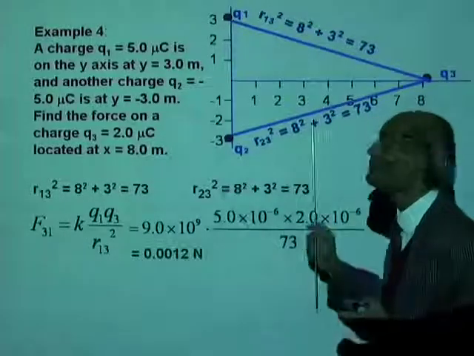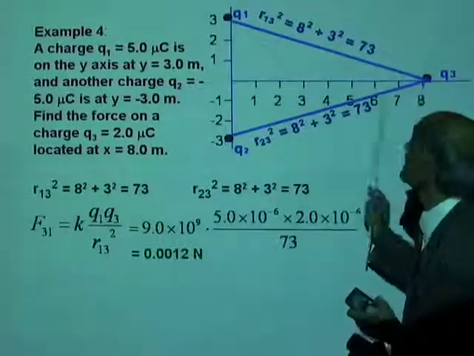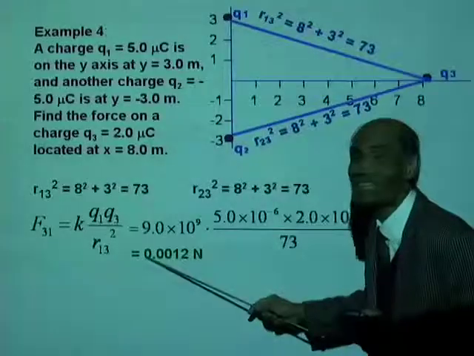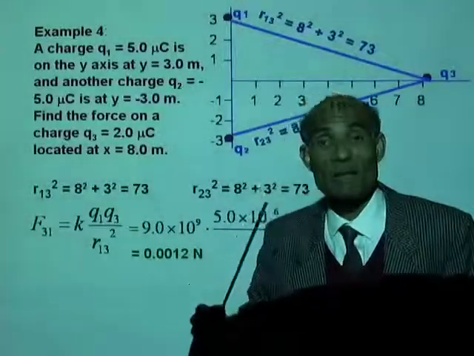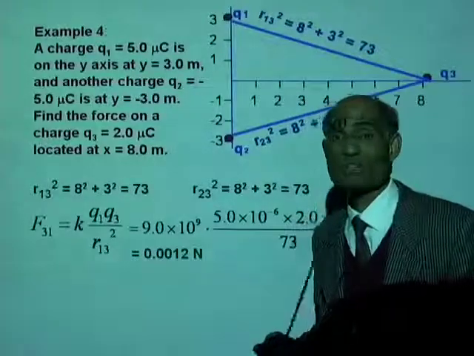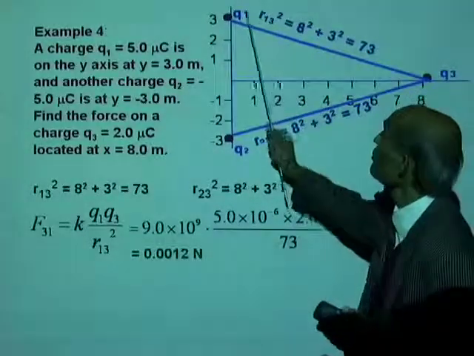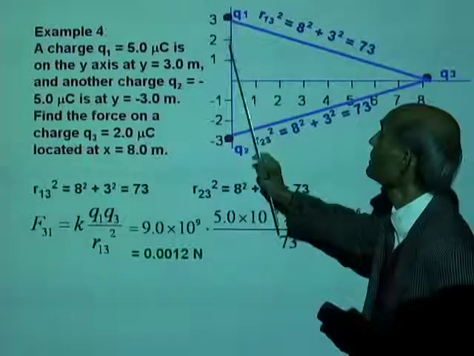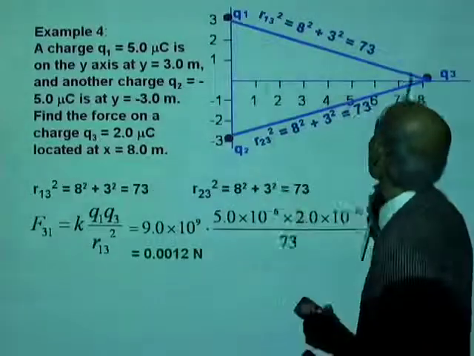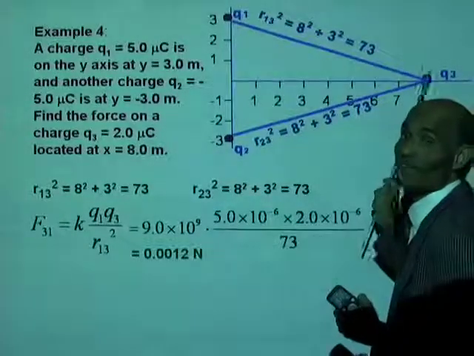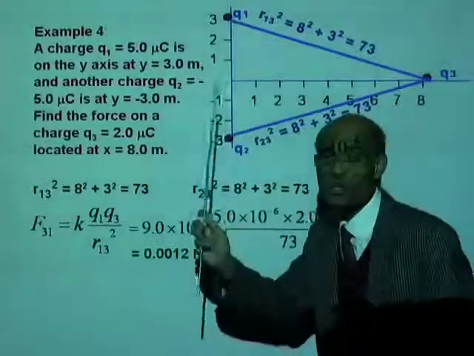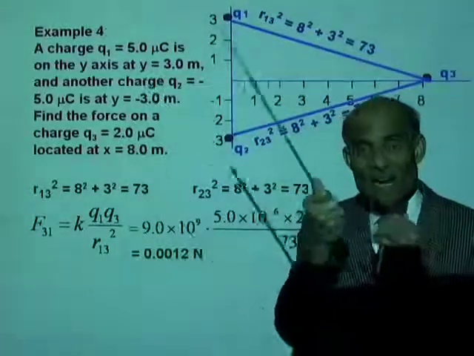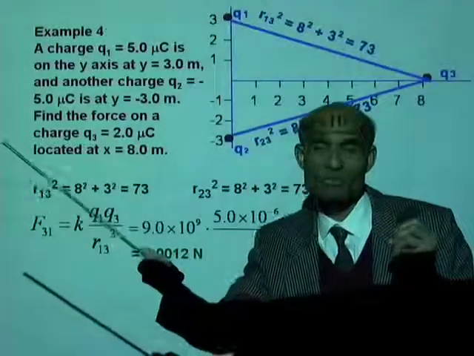0.0012 Newton. The force on Q3 by Q1 is this quantity. And now you know you need to find the direction. What is the direction of this force? Q1 is a positive charge. Q3 also is a positive charge. Therefore, the force on Q3 by Q1, will it be an attractive force or a repulsive force?